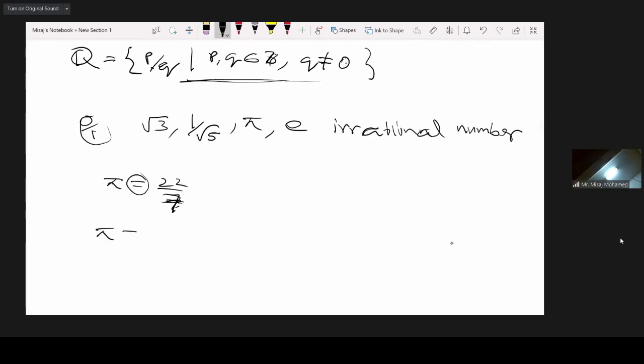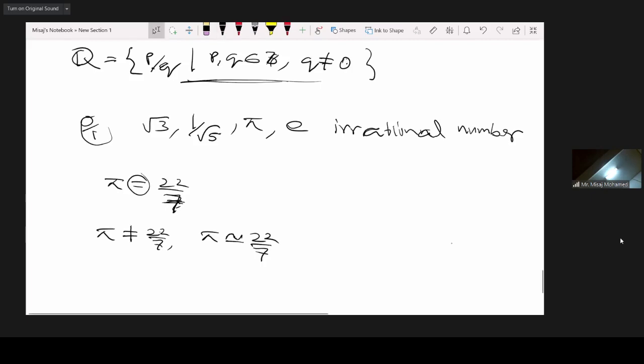This is not equal to 22 over 7, but pi is approximately equal to 22 over 7. Nobody can write pi equal to 22 over 7.